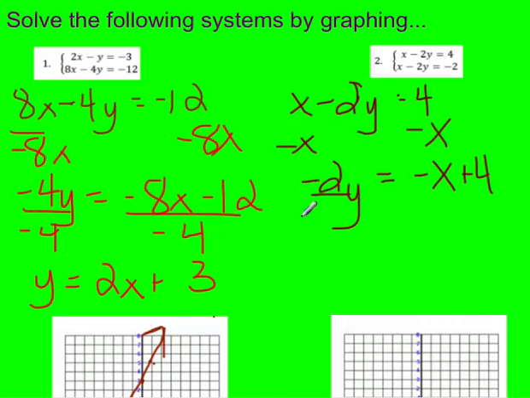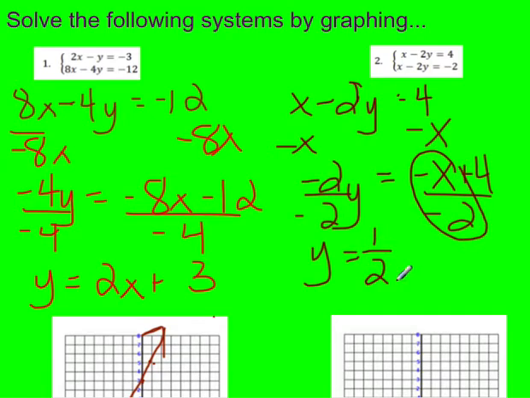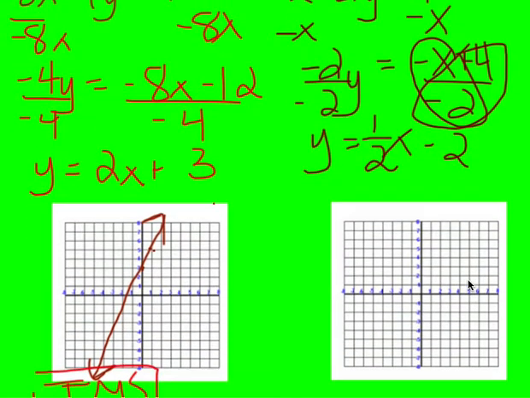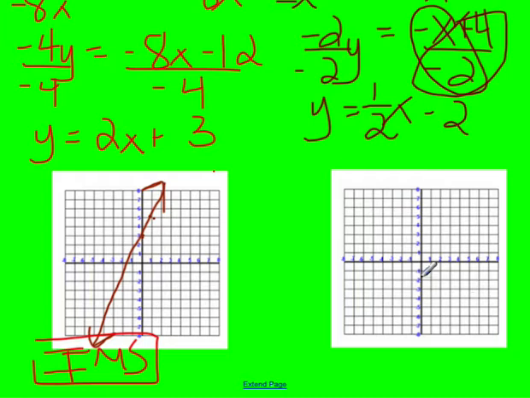So then we're going to go ahead and divide both sides by a negative 2. All right, so then when we do that, negative x divided by negative 2, well, that's going to be positive, and that's going to be 1/2. Okay, so that's going to become 1/2 x, and then 4 divided by negative 2 is going to give me a negative 2. So we're crossing the y-axis at negative 2. Then we're going to go up 1 over 2 and plot that point. And then we're going to go ahead and connect our two lines.